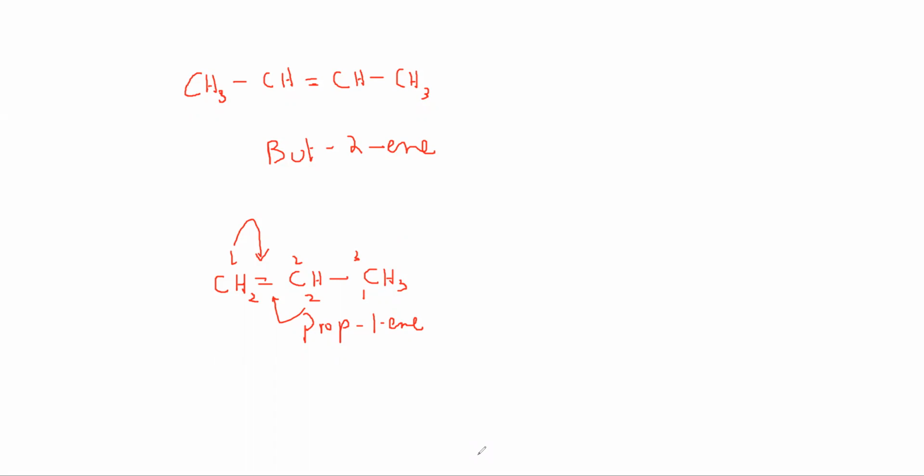If you write prop 1 ene, that is also right answer. For 1, we don't have to specify the exact position, because already it shows that the double bond is with the first carbon.